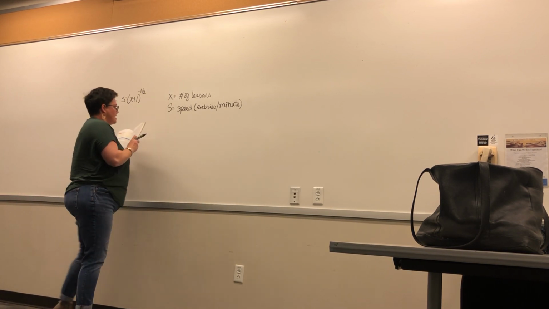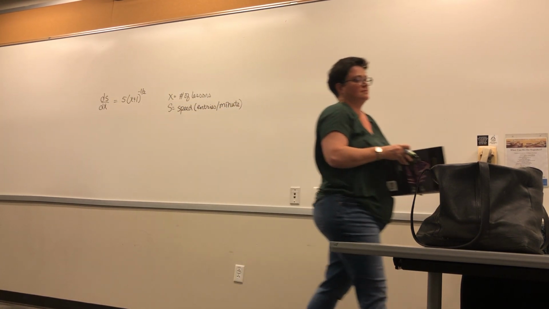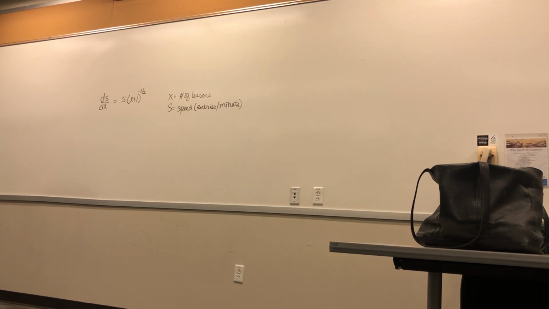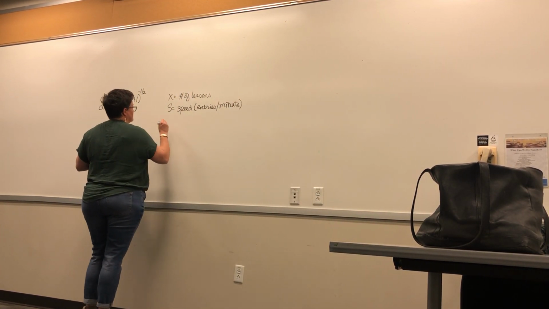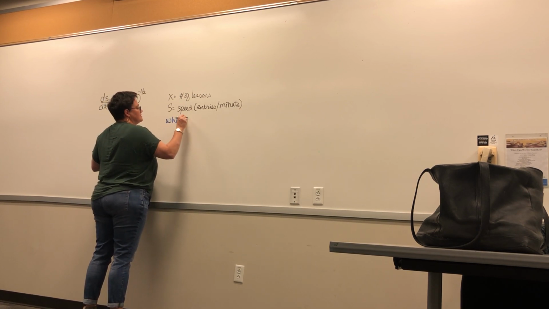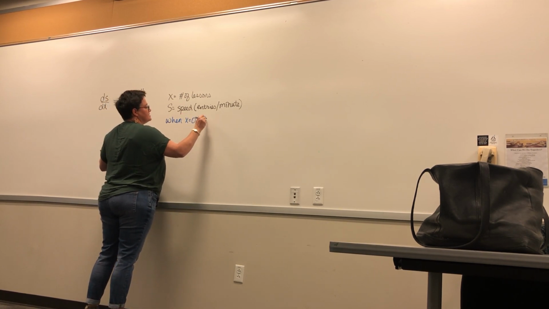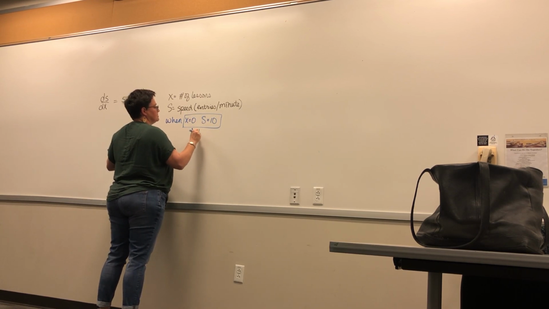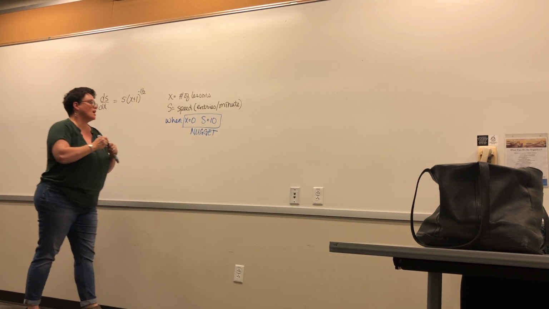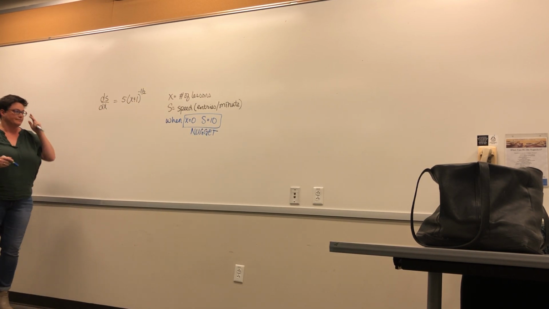So our nugget, guys, is what? When x is 0, what's s? Yes, so when x equals 0, s equals 10. This is my nugget, my little bit of information that'll help me find the constant of integration, okay?